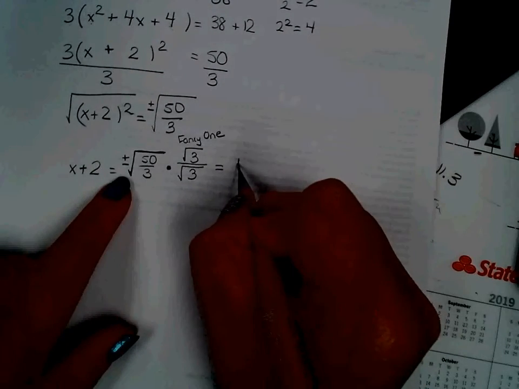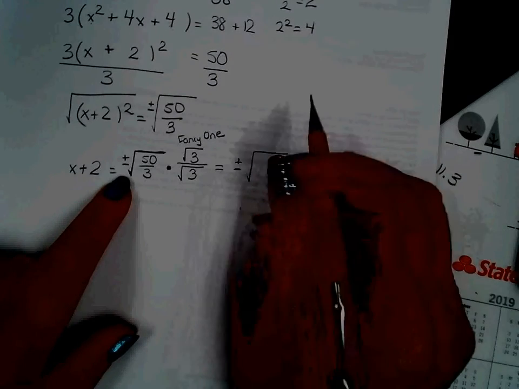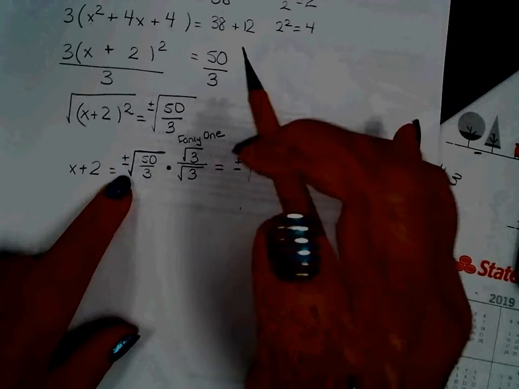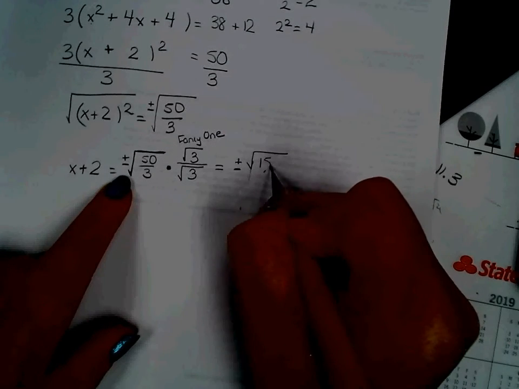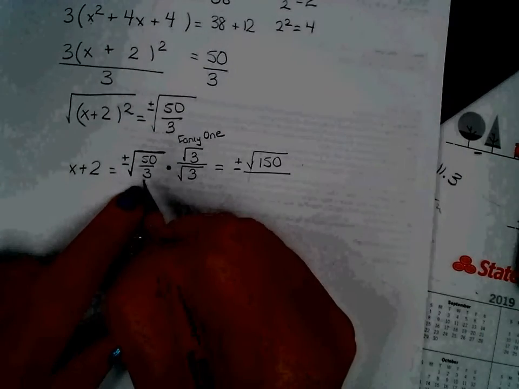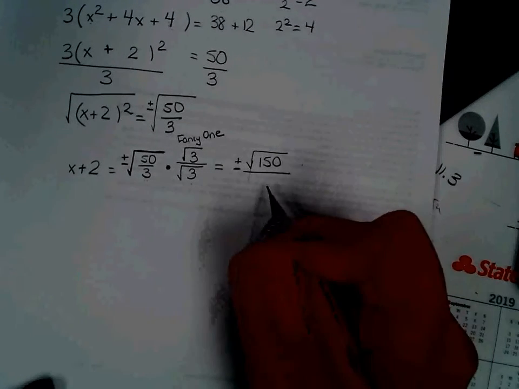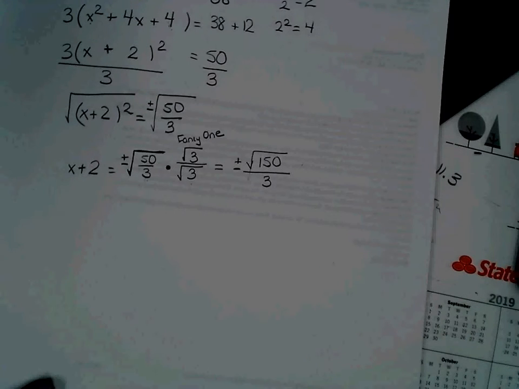We get plus or minus the square root of 50 times 3 is 150. The square root of 3 times the square root of 3 is the square root of 9, which is 3. And now it is no longer irrational.